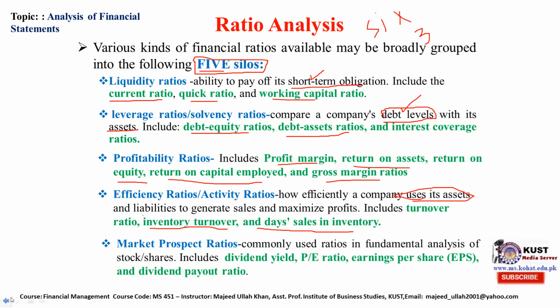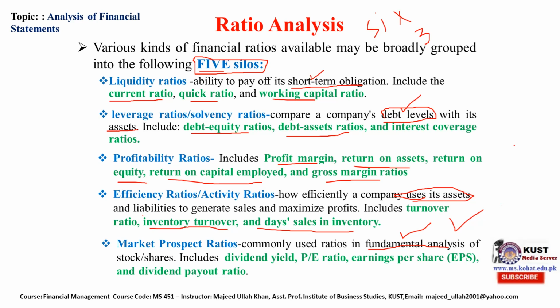And the fifth one is the market perspective ratio, commonly used in the fundamental analysis of stocks. There are basically two types of analysis in the stock exchange. One is called fundamental analysis, which is based on the analysis of the companies, while the second is technical analysis, which is also called chart techniques.